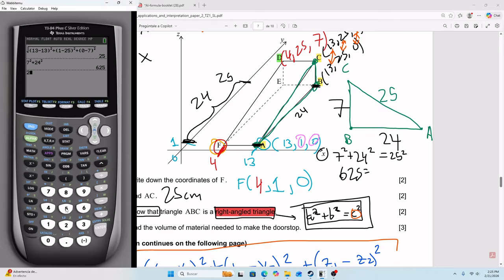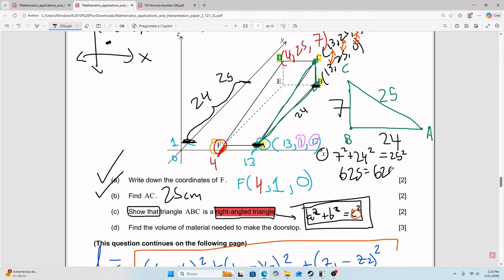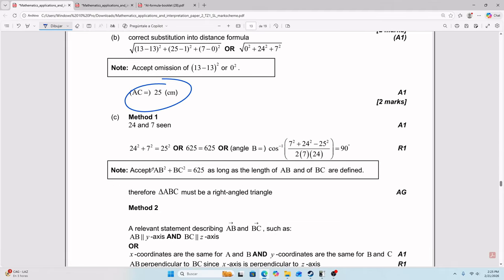And 25 squared gives you 625. And so because 625 equals 625, this happened. And if it happened, it has to be a right angled triangle. So that is how we showed that triangle ABC is a right angled triangle.